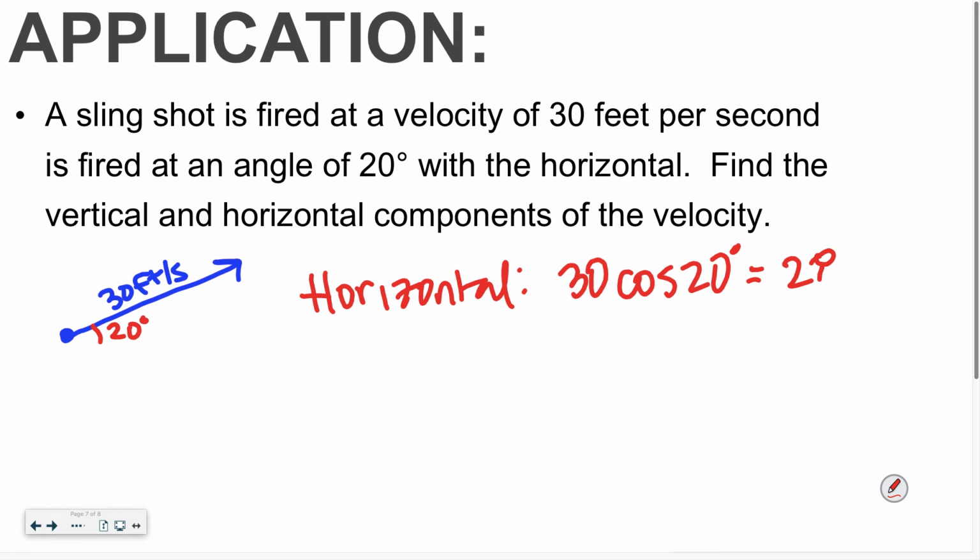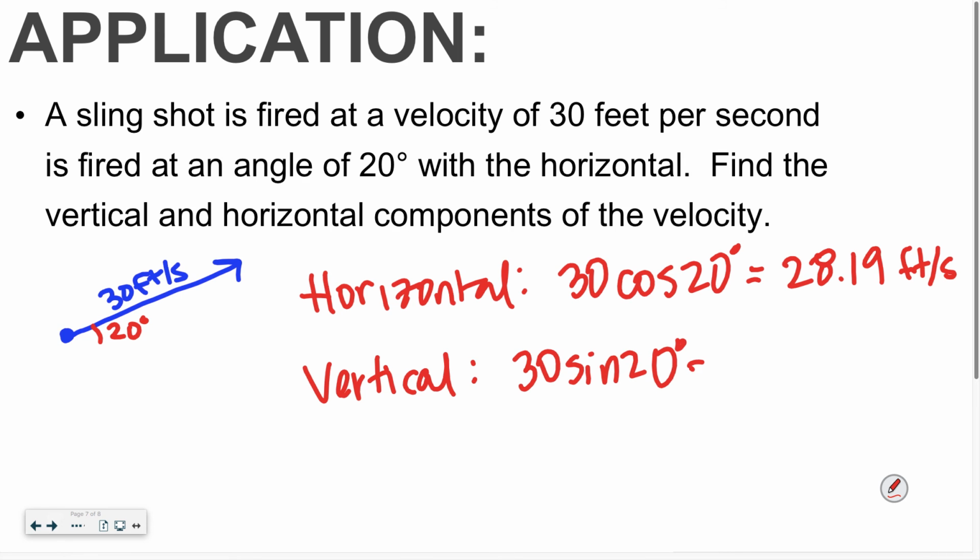Okay? And then our vertical component would be that 30 times the sine of 20 degrees. 10.26. And we're still going to label these components as feet per second because that's what our magnitude is labeled as.